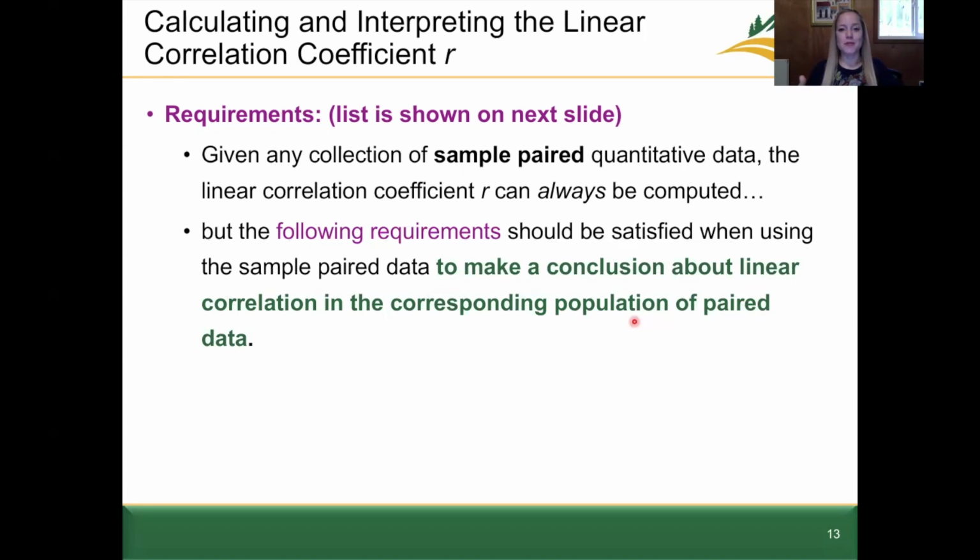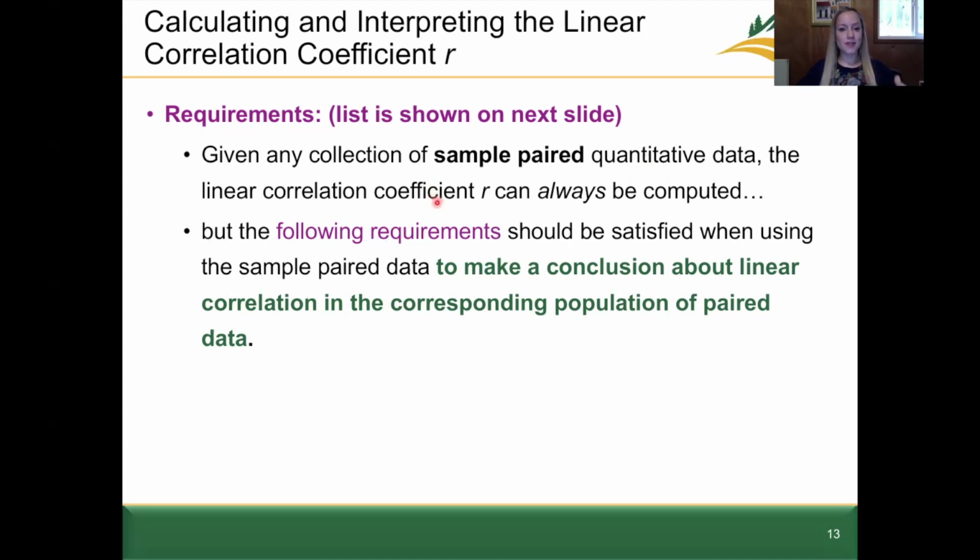Well, remember what we've been doing throughout the semester. We can take sample data from a population in order to make inferences about that population. So ultimately what's being said here is although we can always calculate R for any pair of sample, quantitative data to be specific, it does not mean that we have a linear correlation.